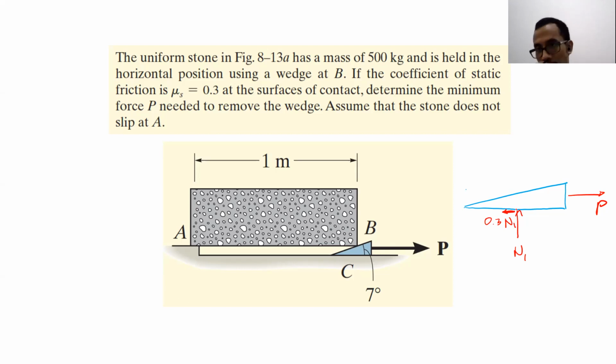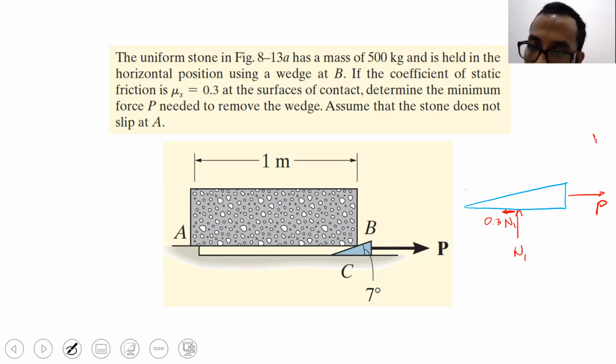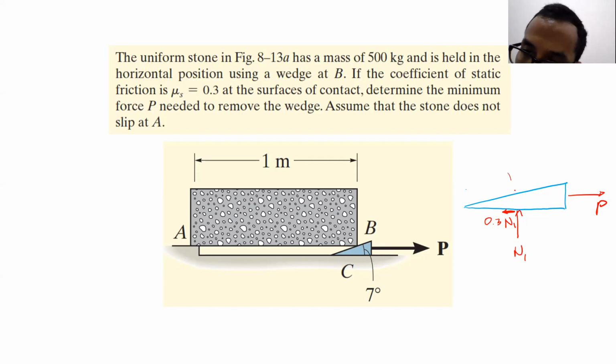At P, as I told you, the normal force is supposed to be perpendicular to the surface, and the surface that we're supposed to use is the surface of the wedge. So it's perpendicular to the wedge. So the force is slightly slanted. It's N2.